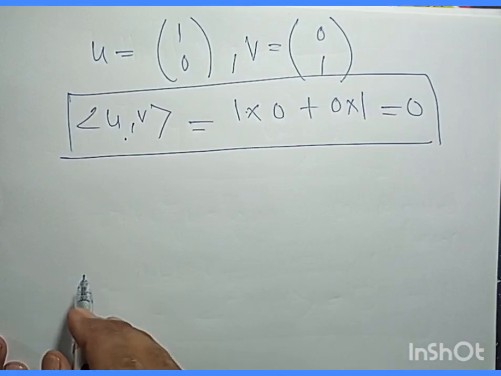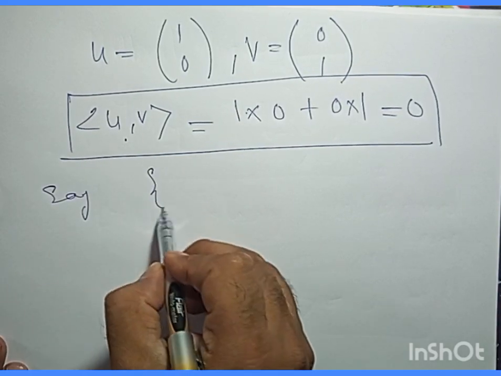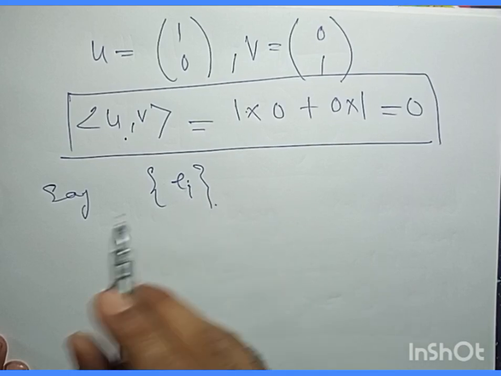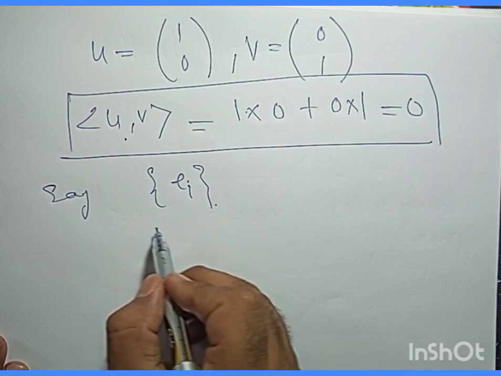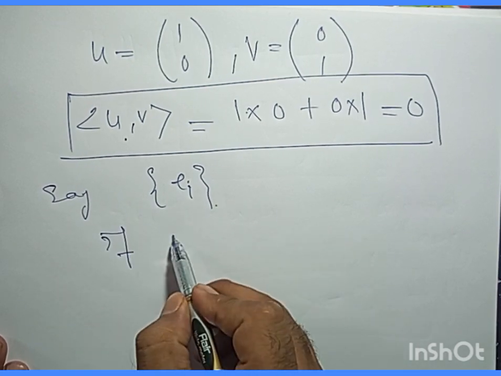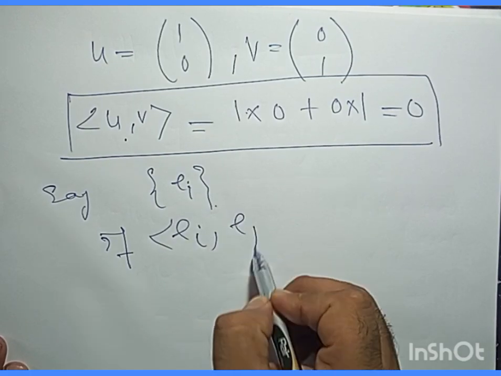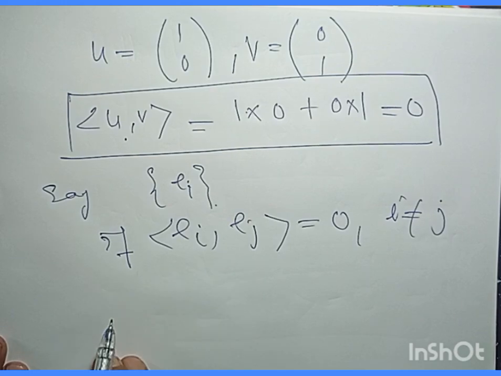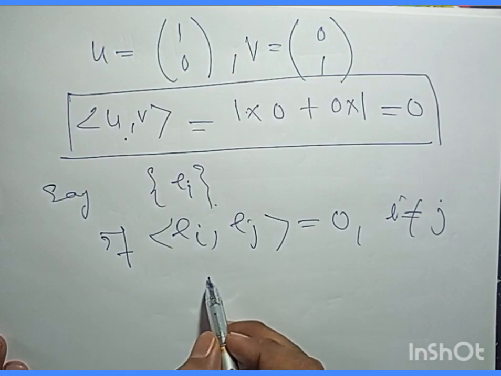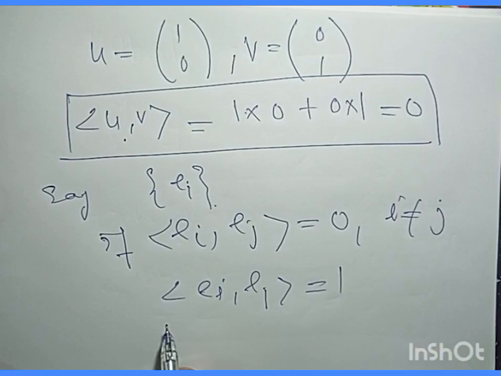Now, coming to the orthonormal basis, suppose I have a set of EI. This set is an orthonormal basis if the inner product of EI and EJ is equal to 0 for I not equal to J, and the inner product of EI with EI is equal to 1.